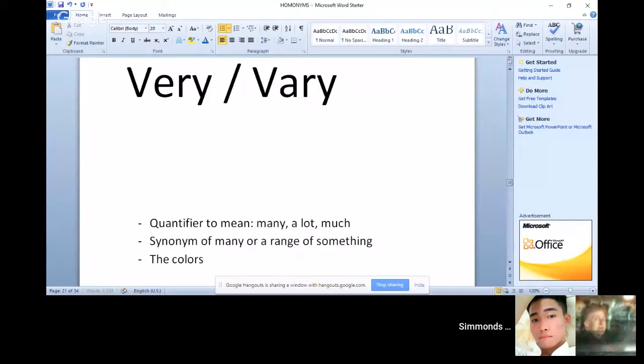The colors vary from light to dark blue. That would be the example, okay? So there's a big range. So we have a range of colors, okay? Even in the background here, we have a blue. Here we have another type of blue. Here there's another type of blue. So you have a variety of blues. That's where vary and variety come from. Does that make sense?